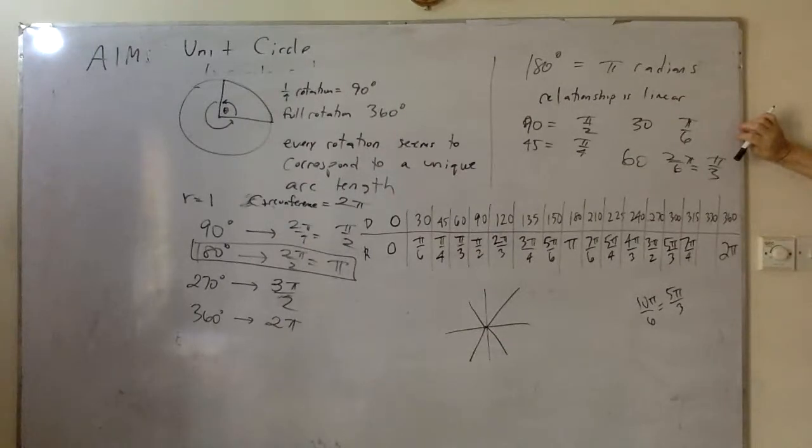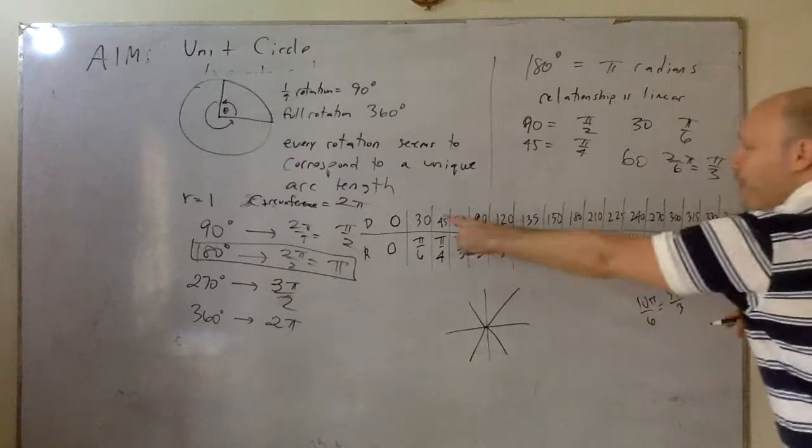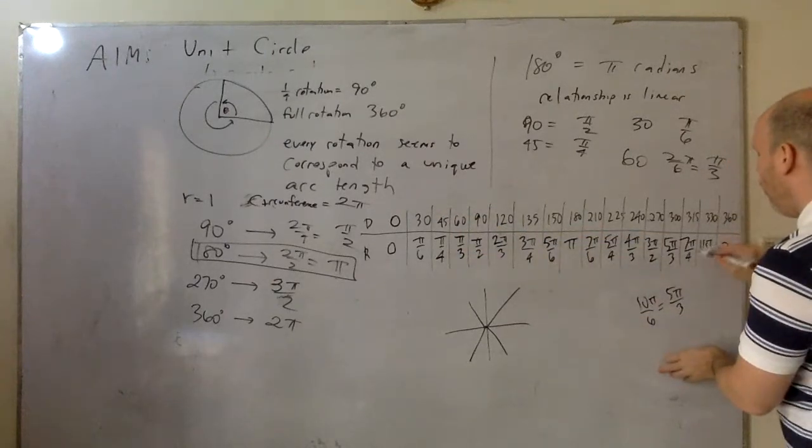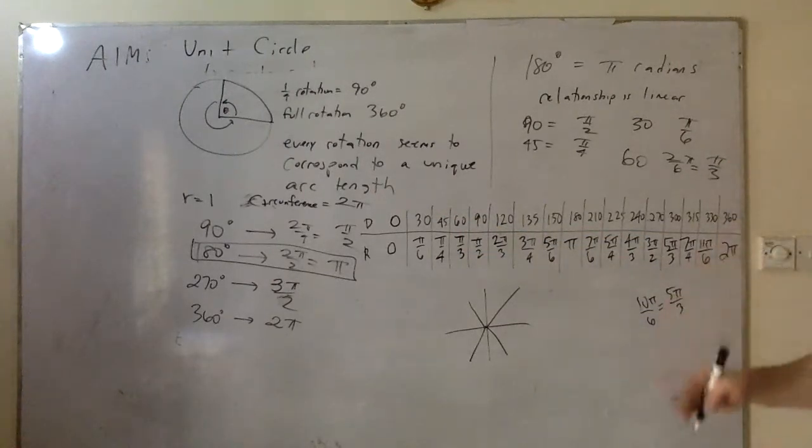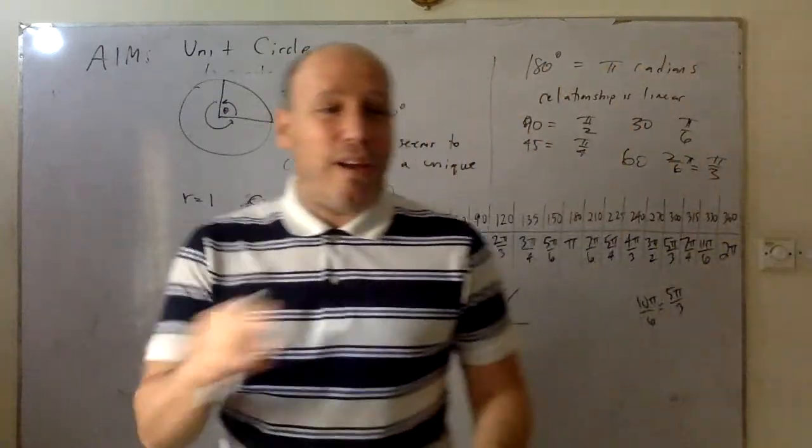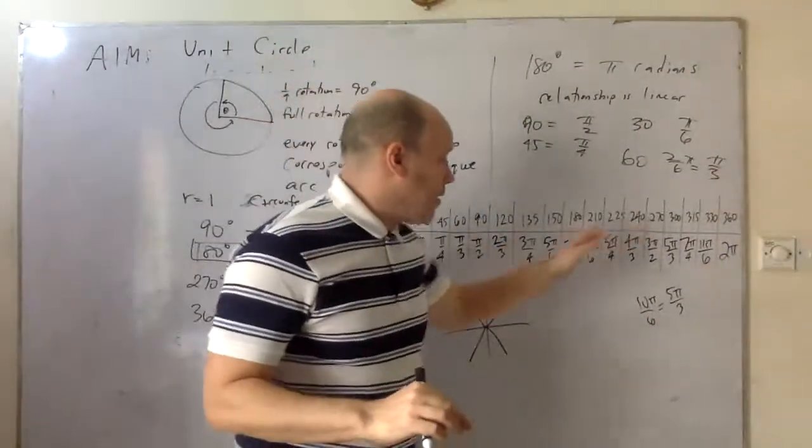No, 330 is 11 30s, 11 pi over 6. So, you're expected to know how to go back and forth between degrees and radians.